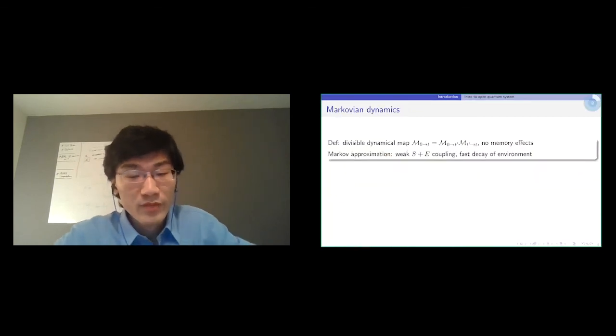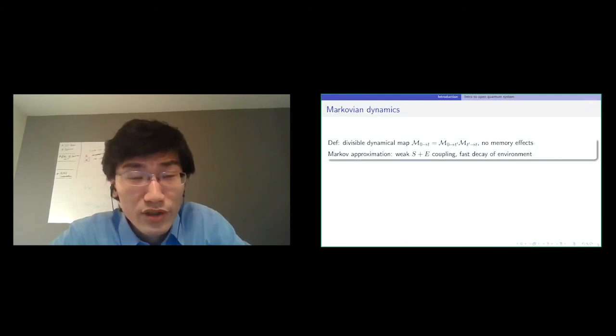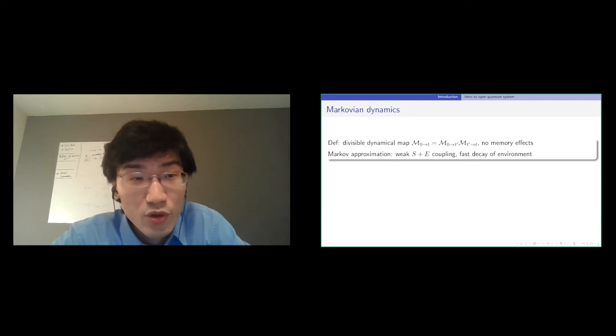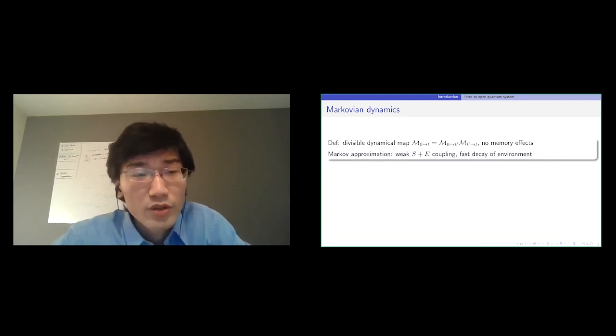So that's what I talked about in the last slide, a general non-unitary dynamics. Usually we only care about Markovian dynamics. Mathematically, that's just that the dynamical map is divisible: for any t, the map from 0 to t can be divided into 0 to t prime and t prime to t. Basically, this means that there are no memory effects.